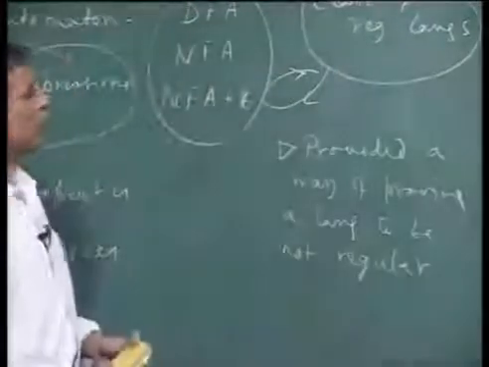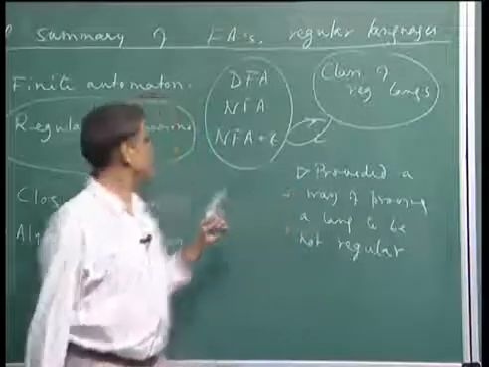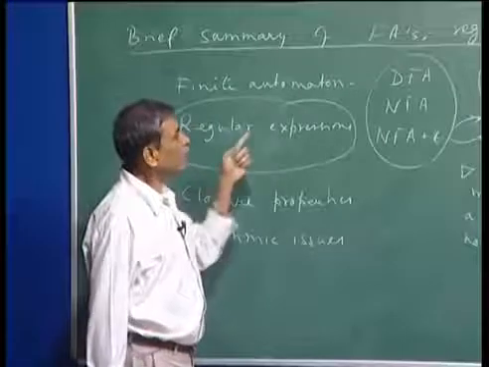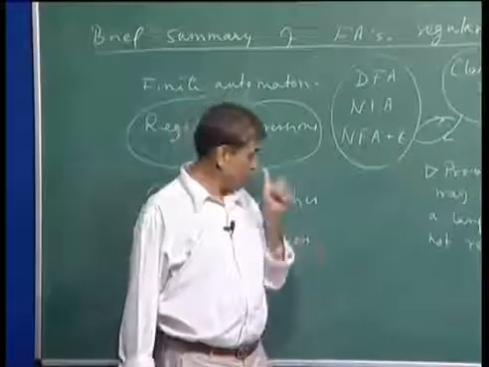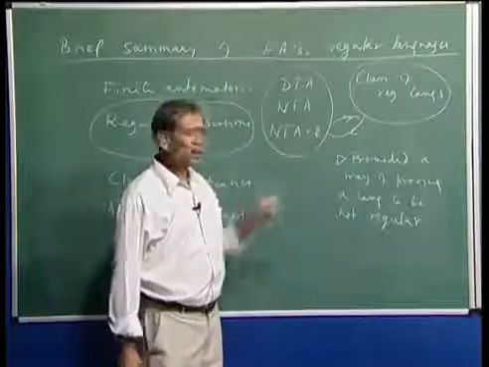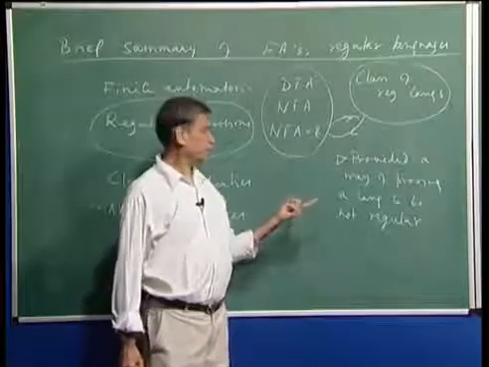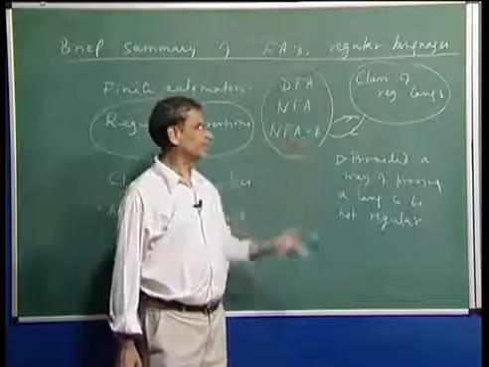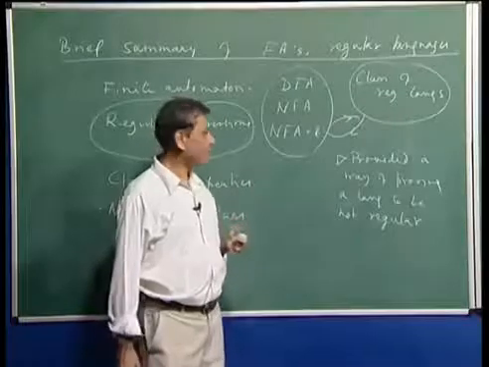The point is, if I want to show some language to be regular, it suffices to provide a regular expression to denote that language, or provide one of these automata to accept it. But how do I prove that something is not regular? We gave a method. We used a pumping lemma to show that certain languages are not regular. So that's one method of doing it.